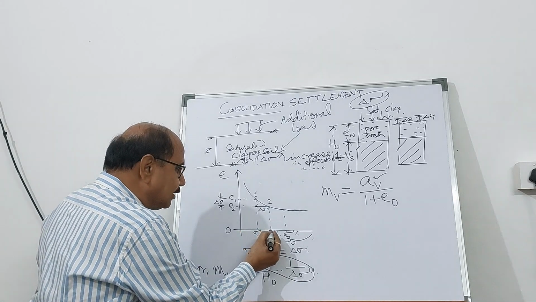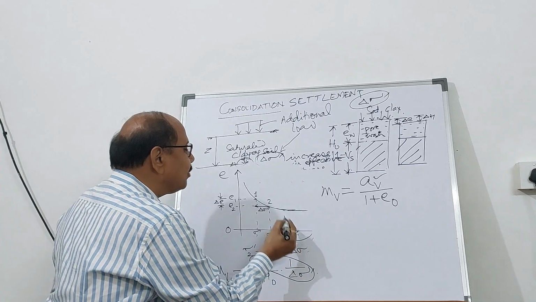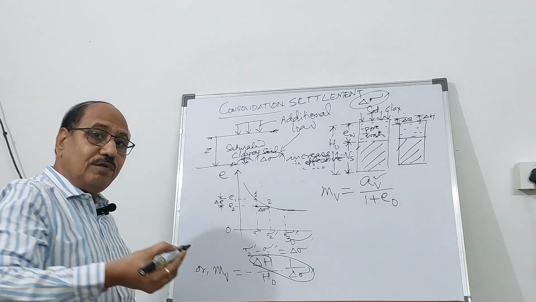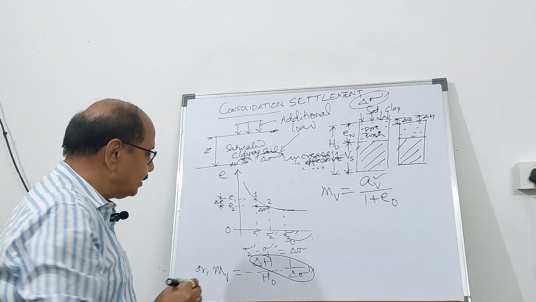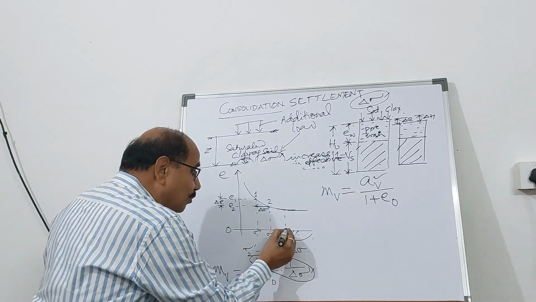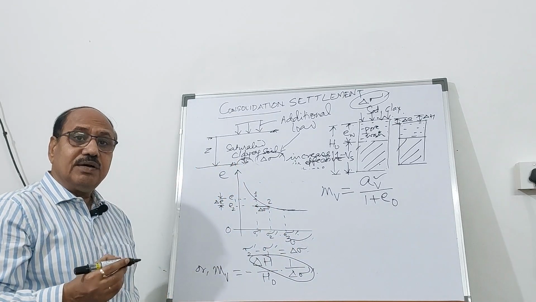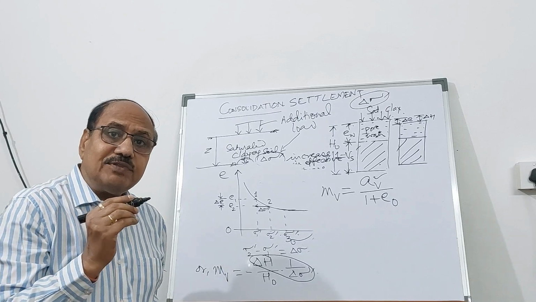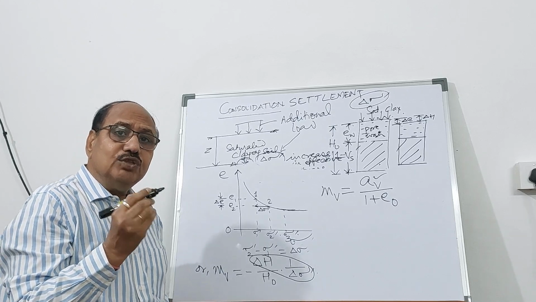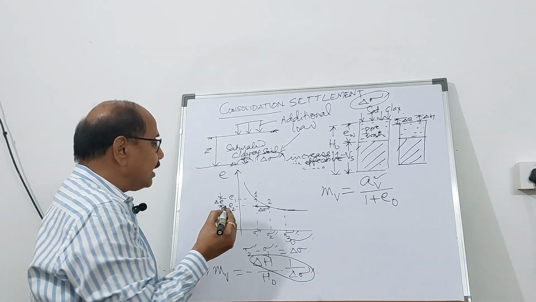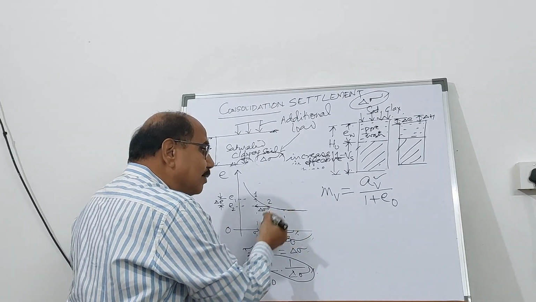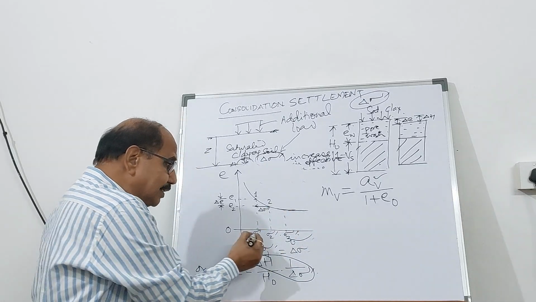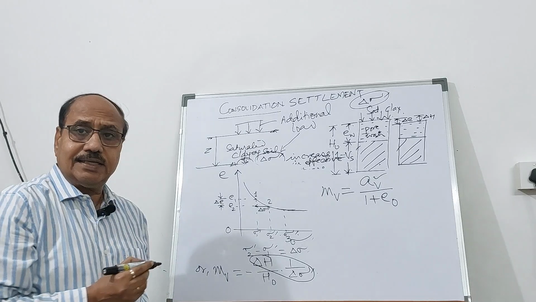For the pressure range of sigma 1 prime to sigma 3 prime, the values of AV and MV will be different. For sigma 2 prime to sigma 3 prime, the values of AV and MV will be different. So it is a unique value for a particular pressure range. So the pressure range is very important over here.